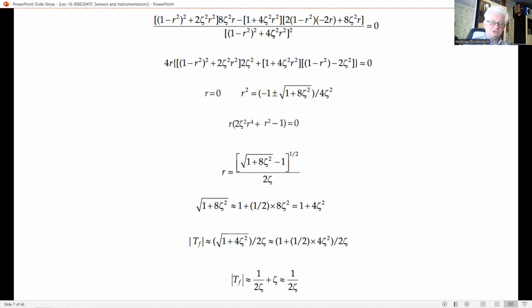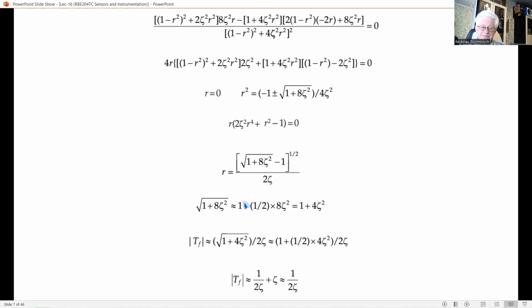Taking only the positive root for r squared and then its positive square root, the peak point of the transmissibility magnitude is given by this next expression here for r in the center of this slide. For small theta, Taylor series expansions give our next expression, very simple, 1 plus 4 theta squared.